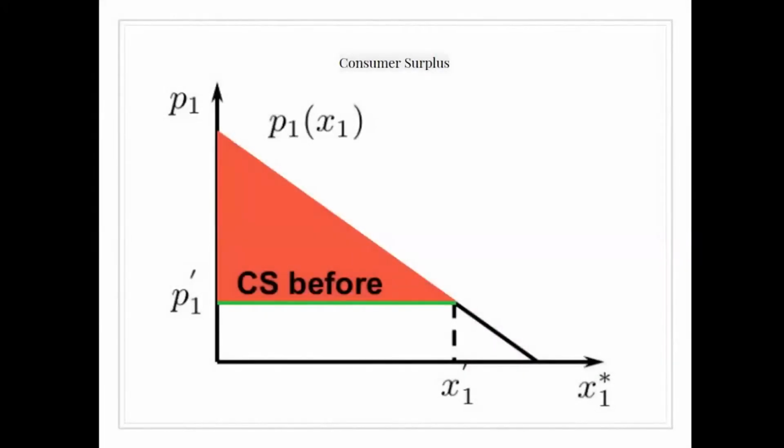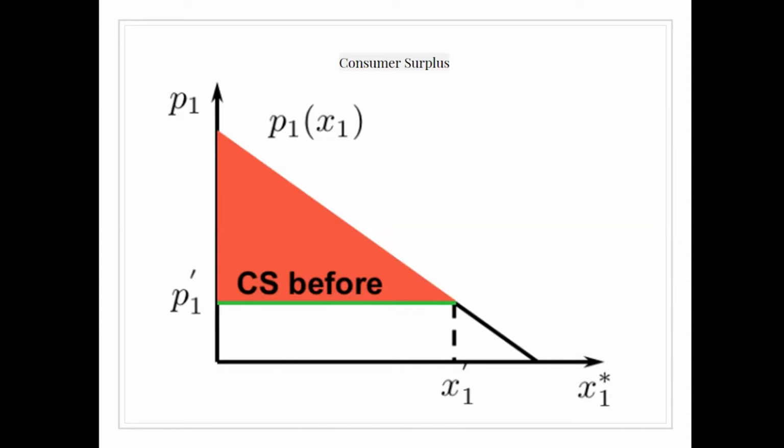So the idea is, how do we measure what happens when we have a price change because of a business decision or because of a policy decision? So imagine that this was the original consumer surplus, just as the one we saw two slides ago. This is the original situation.